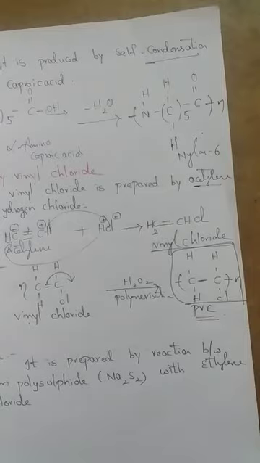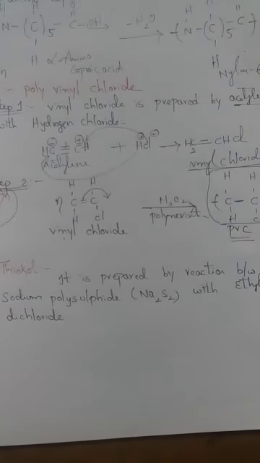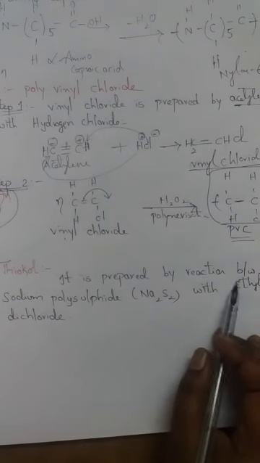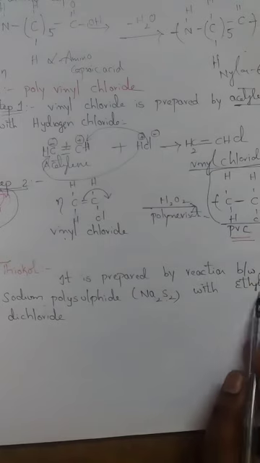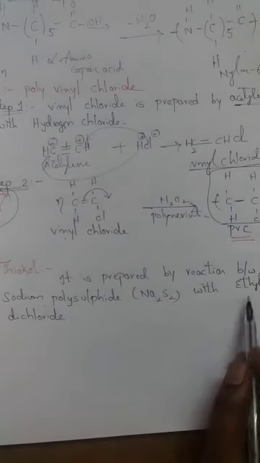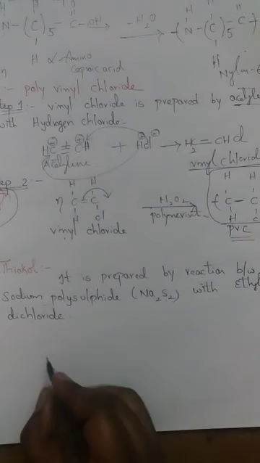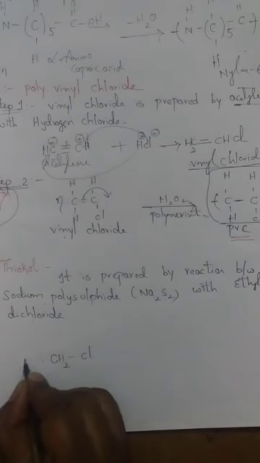And next, coming to another one, thiocol. How can the thiocol structure be prepared? Thiocol can be prepared by taking sodium polysulfide with ethylene dichloride. First you have to write the ethylene dichloride. So ethylene CH2, dichloride Cl and Cl.